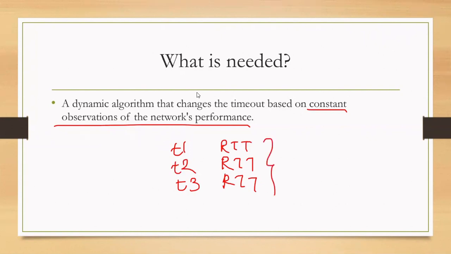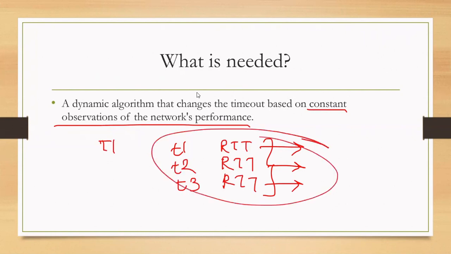We are monitoring the network scenario, and then based on the round trip time that we have evaluated, we change the timeout. So if the timeout is say t1 here, based on this observation, we change the timeout. So it is a dynamic algorithm that changes the timeout based on constant observation of the network performance.